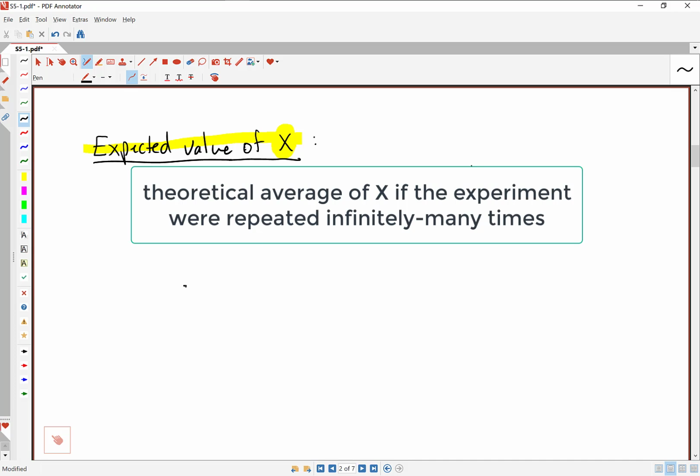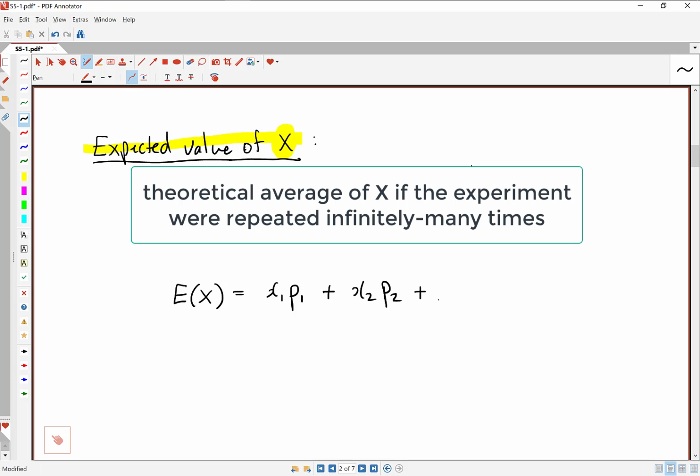So the notation that we're going to use for expected value, we're going to write E of X like that. And the way the formula works, you take your first X value, multiply it by its probability. You take your second X value, multiply it by its probability, and you're just summing up terms that look like this. So depending how many possible values you've got for X, you'd have a certain number of terms in the sum.